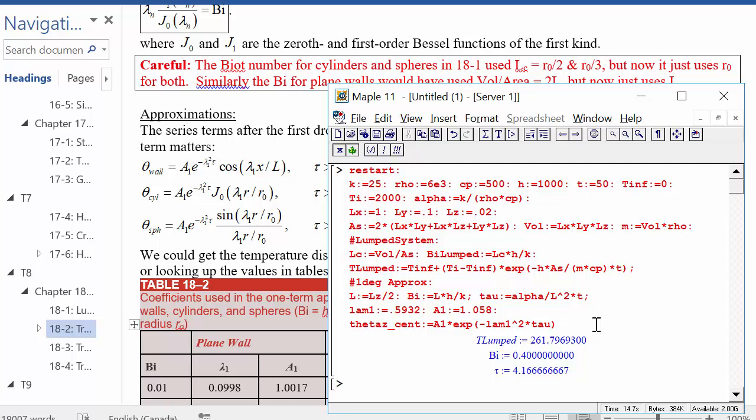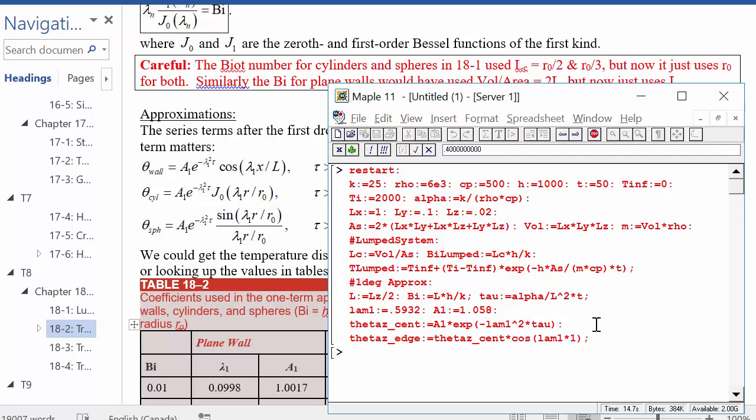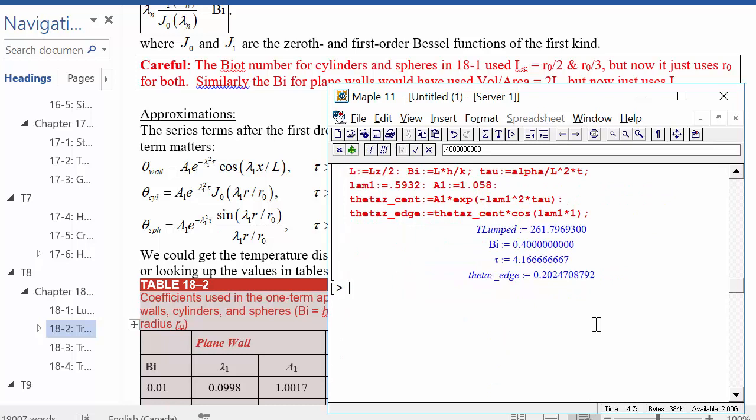And to find theta z at the edge, we're going to take theta z at the center and multiply by cos of lambda 1 times 1. Okay, so theta z center and theta z edge give us this.